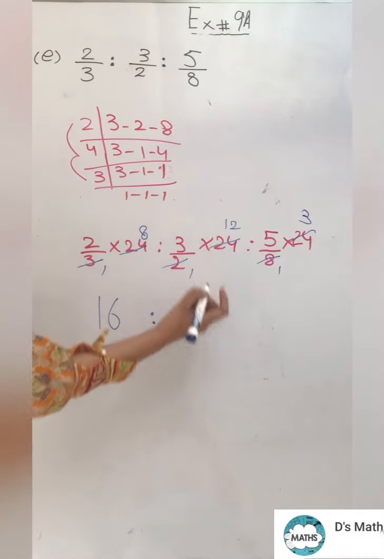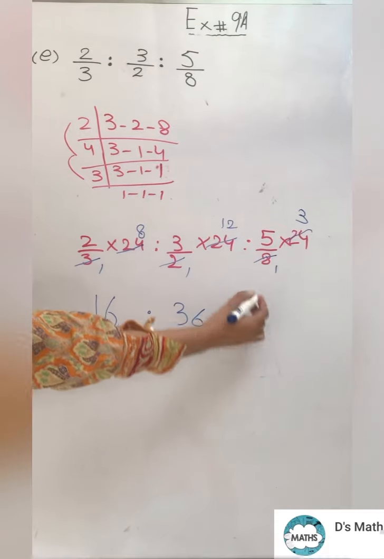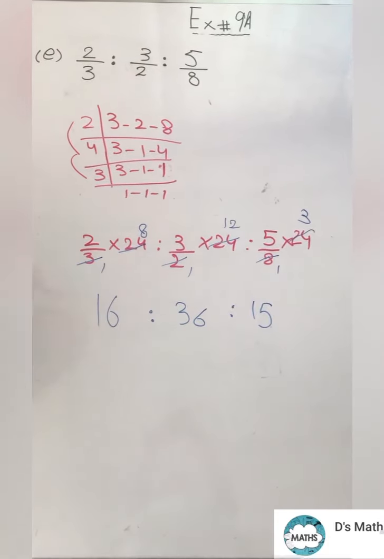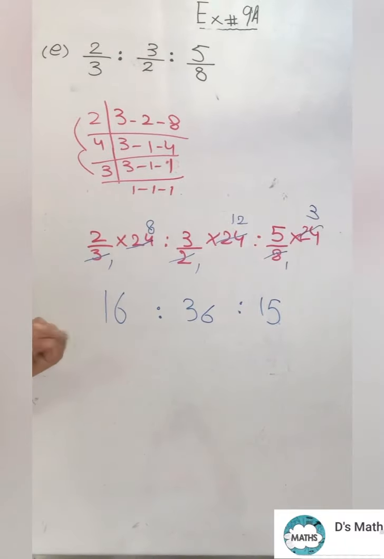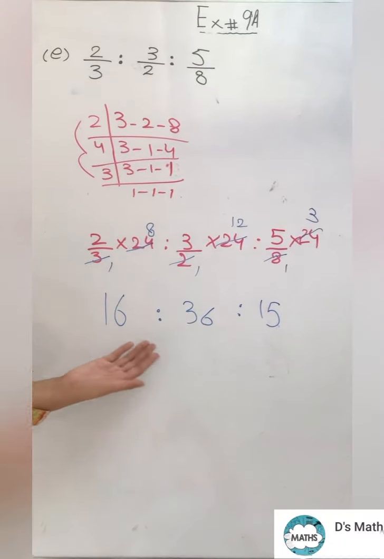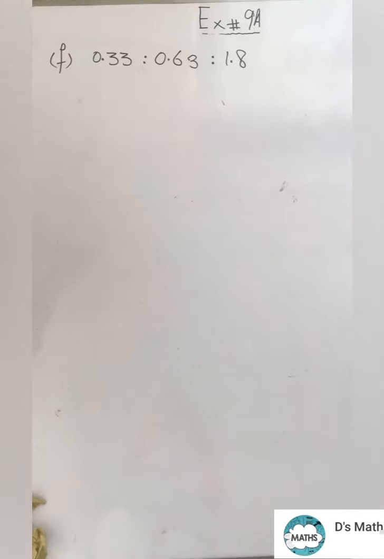When you multiply 3 with 12, you get 36, and when you multiply 5 with 3, you get 15. Can this be further simplified? No, it cannot be simplified by 2 or by 3, so this is your answer. Okay, part F.